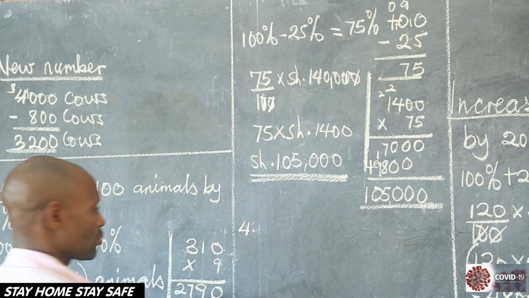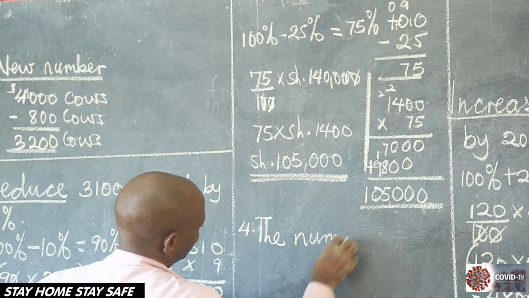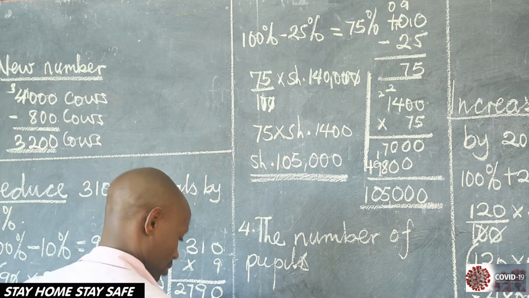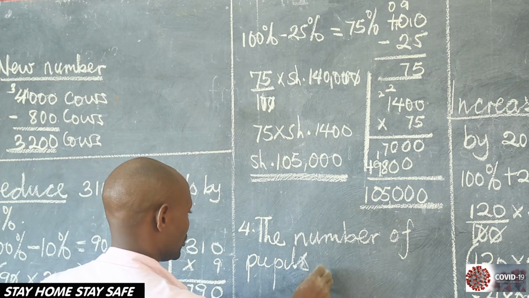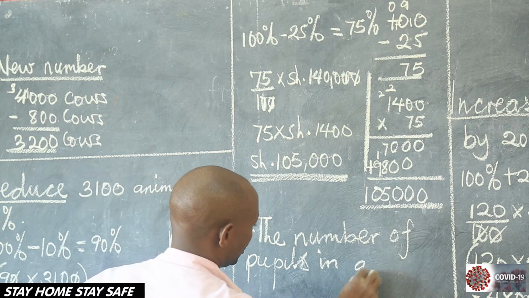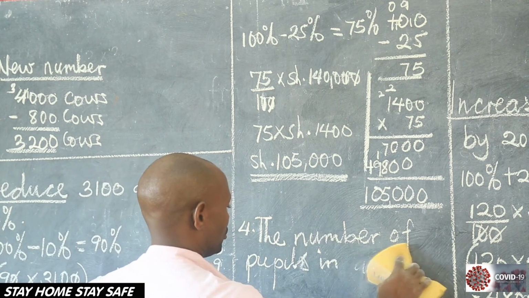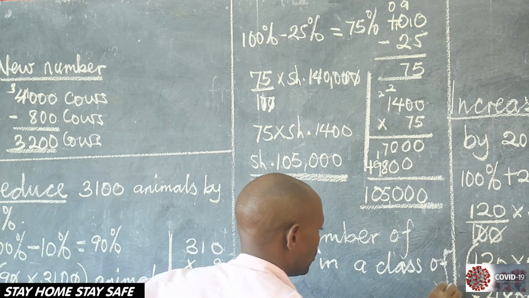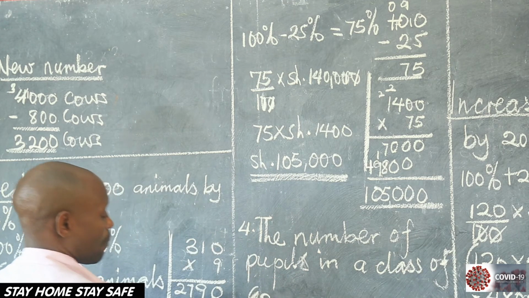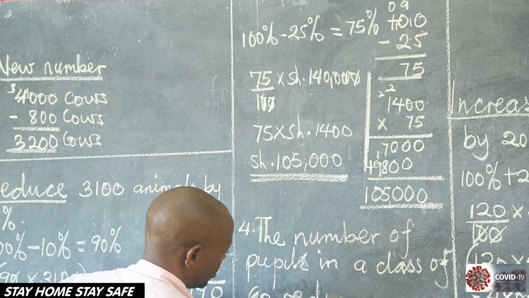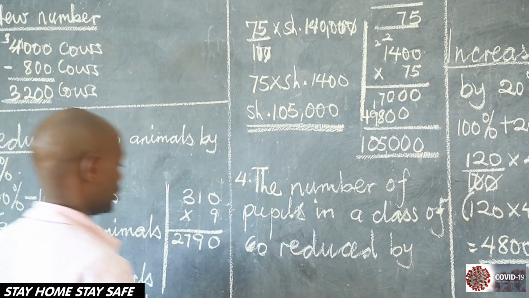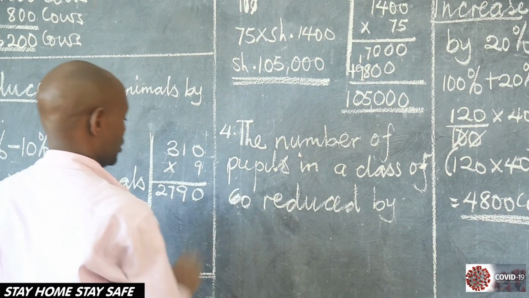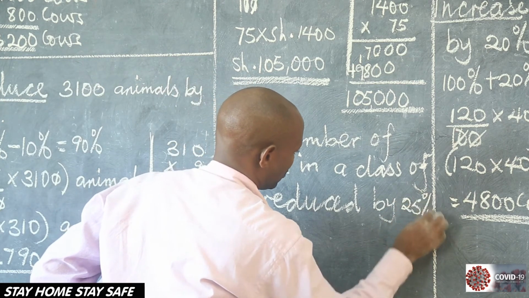The number of pupils in a class of 60 reduced by 25%.